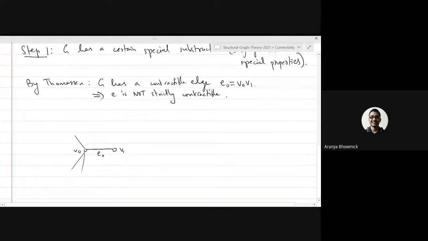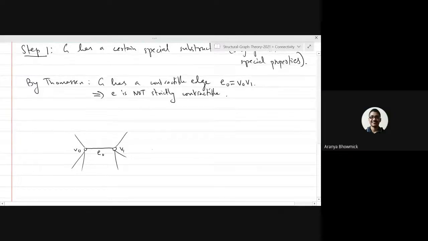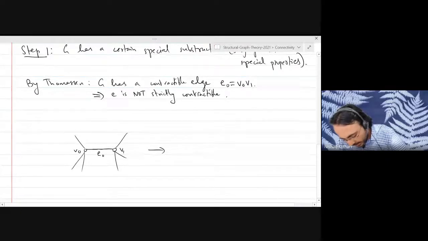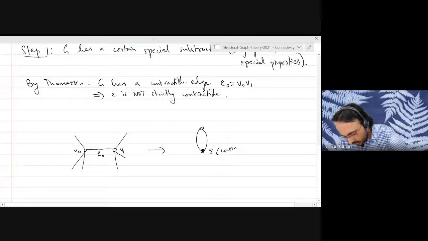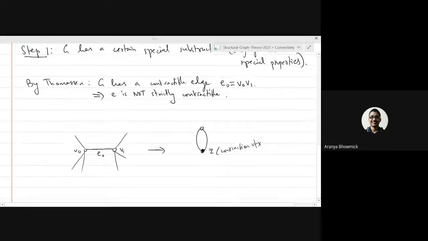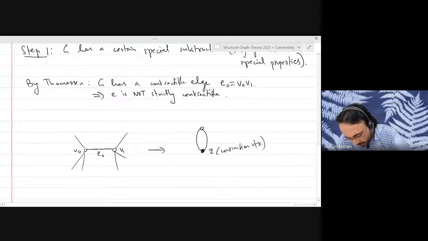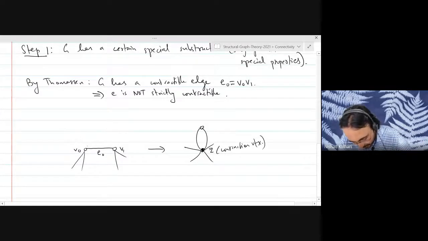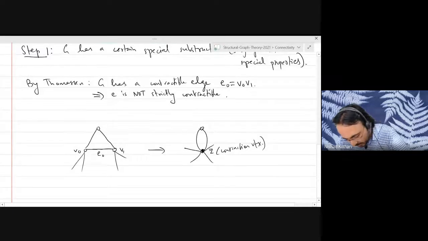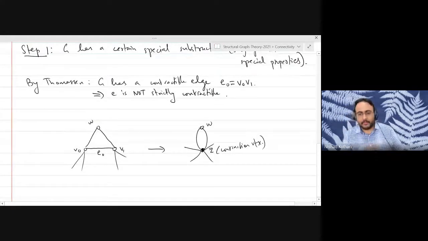That means the endpoints have multiple common neighbors. Yeah. Okay, so in the contraction, it means that we get a parallel edge like this. Notice that the only way you can create a parallel edge in the contraction is at the contraction vertex. So if this is my contraction vertex Z, there will be a triangle in the original graph G. If you go back to the original graph, it will look like this: if this is the vertex W, then W will be a common neighbor of V0 and V1.